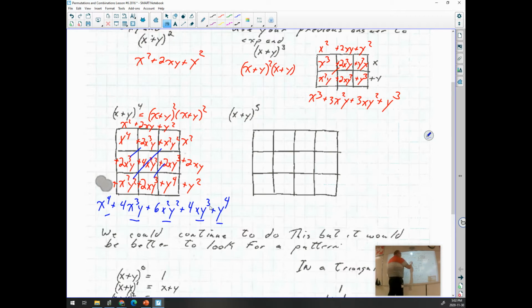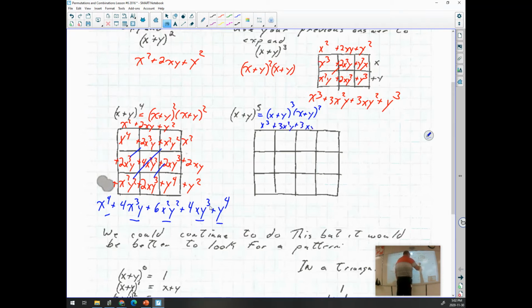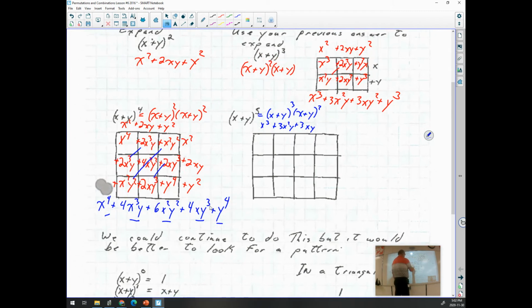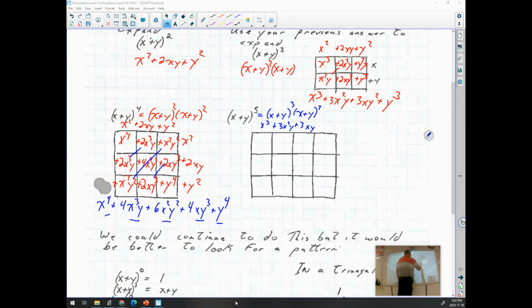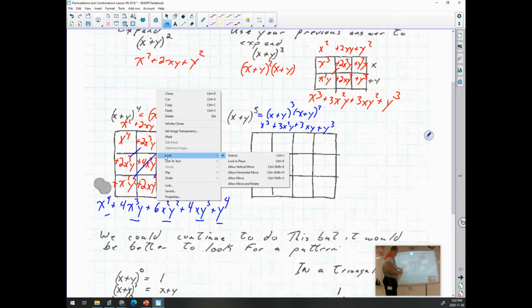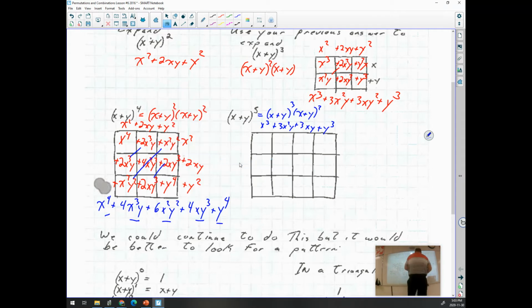(x + y) to the fifth can be written as (x + y)^3 times (x + y)^2. Our (x + y)^3 is up here, and then we have our (x + y)^2, which we've used a couple times already.